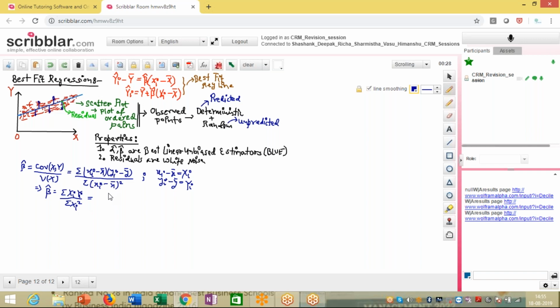Now I'll do a very simple substitution. We all know that yi is equal to alpha plus beta xi plus vi. This is how I would write my equation.